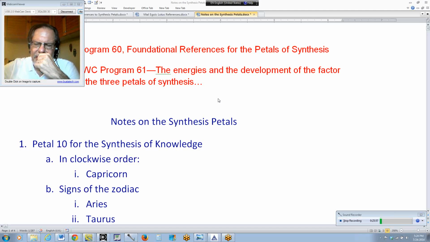So maybe I could find a way to think of Gemini for the knowledge synthesis petal, Taurus for the love synthesis petal, or we might call it the love wisdom synthesis petal. Taurus would have more to do, I think, with wisdom, and Aries, very definitely, for the will synthesis petal.